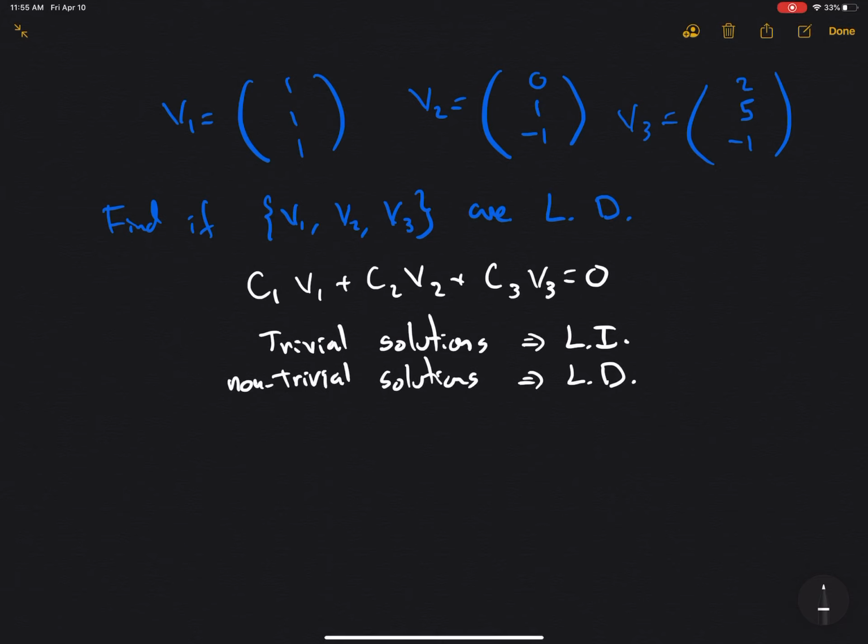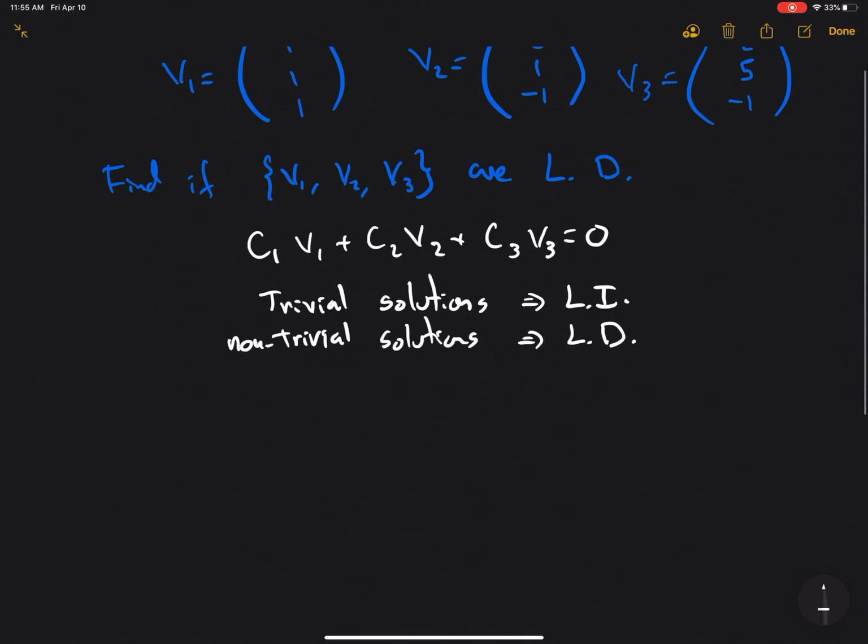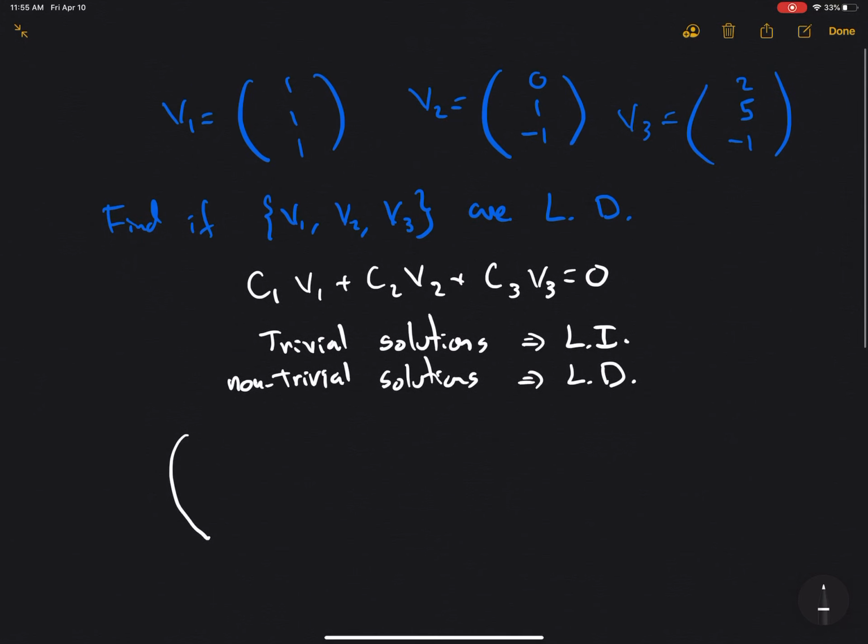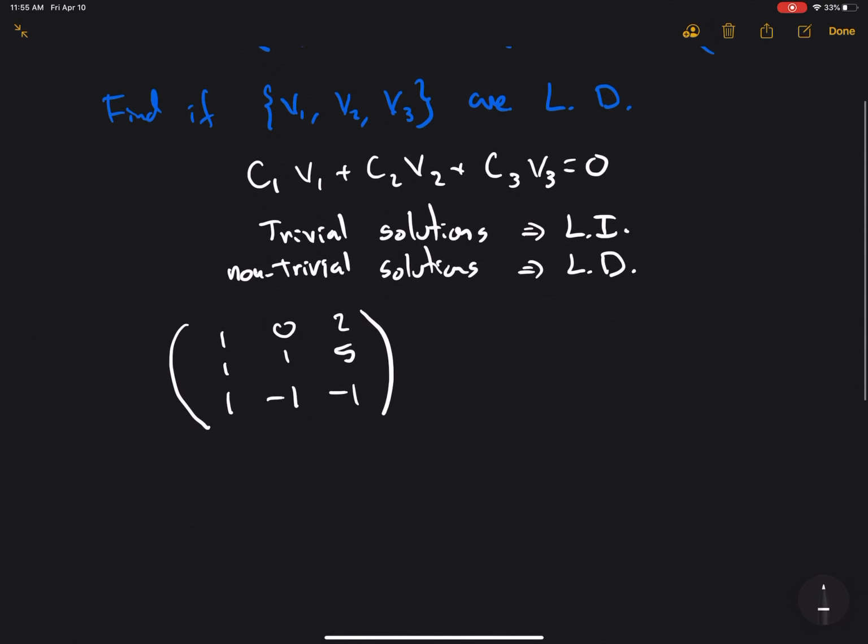So what we have in this case is that we can write down the matrix coefficient for these vectors. So I can write down the first vector, the second vector, and the third vector. And my strategy is to find out the reduced echelon form. And depending on this reduced echelon form, I'll figure out if there is only one solution or an infinite number of solutions.